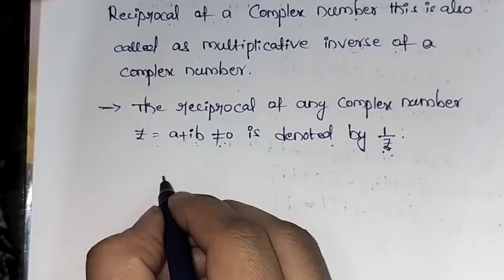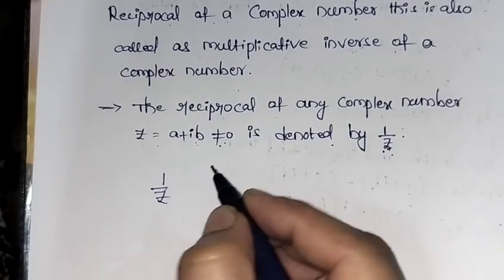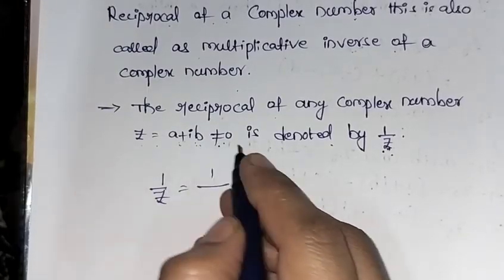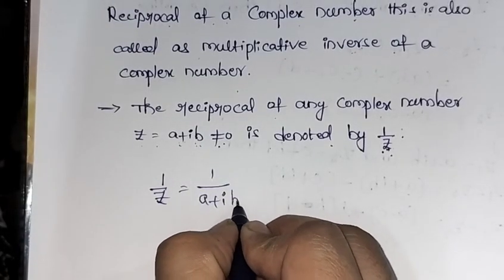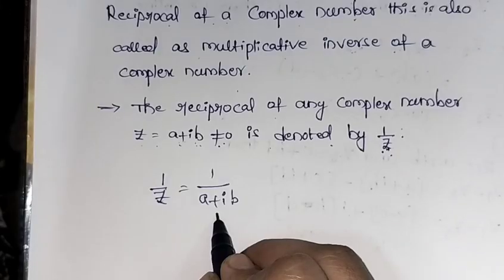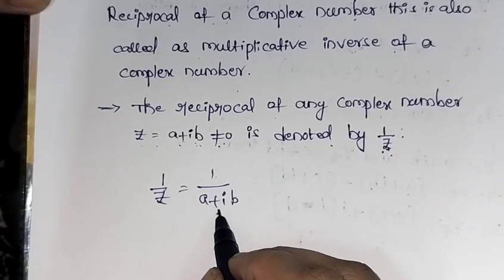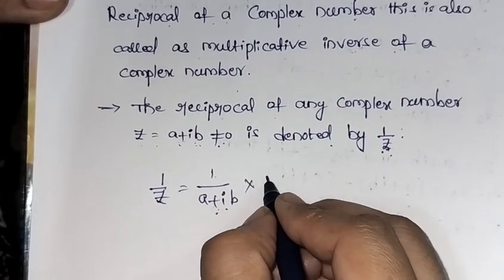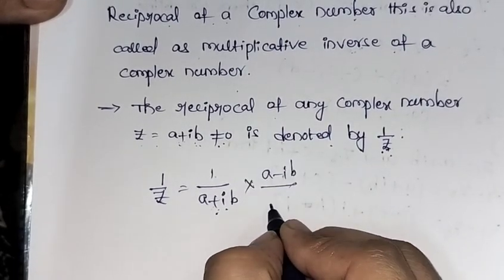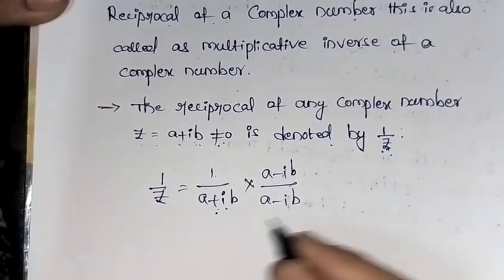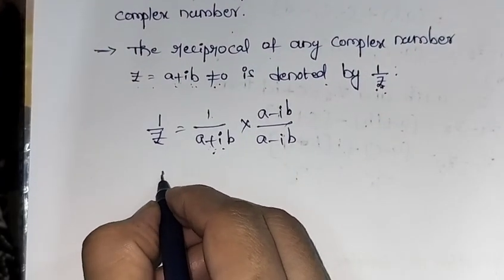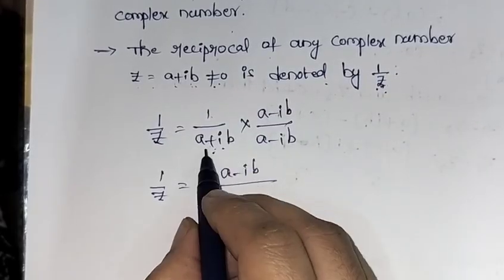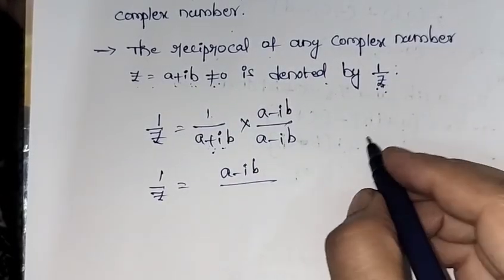See, 1/z is equal to 1/(a + ib). This is not in a + ib form; this is in 1/(a + ib) form. So you can use a rationalizing factor here: (a - ib)/(a - ib). 1/z = (a - ib)/((a + ib)(a - ib)).